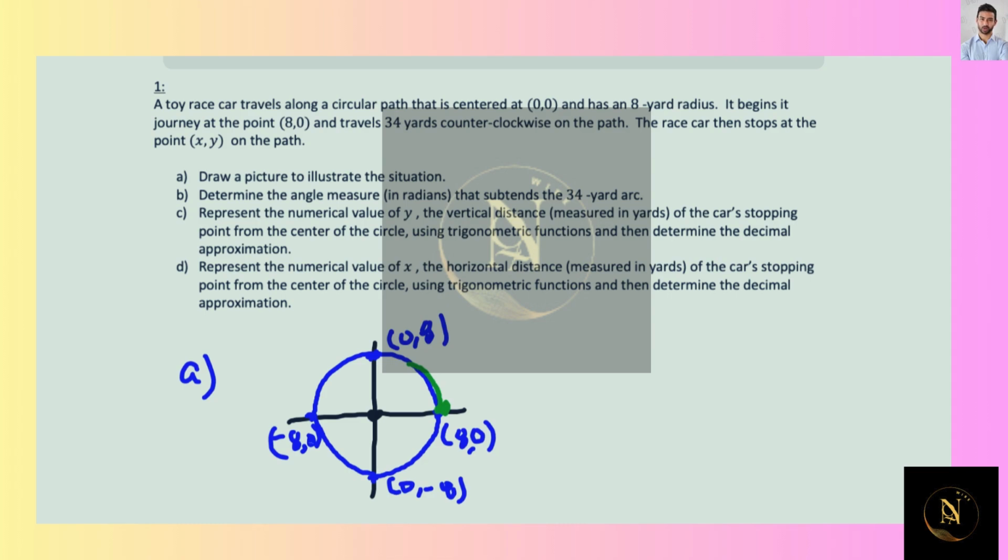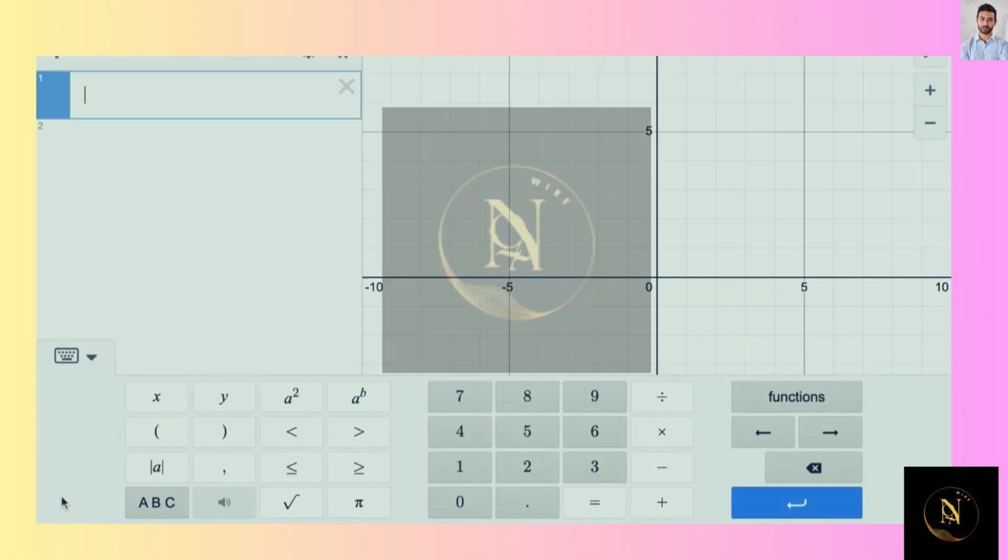We could find some basic things. If it goes a quarter of the circle, well, the circle's diameter is 16, so the circumference is 16 pi.